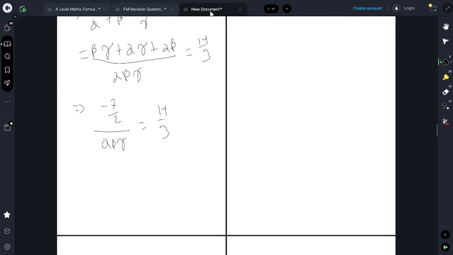So then that means that 14 alpha beta gamma is going to be 3 lots of minus 7 over 2 by cross multiplying.